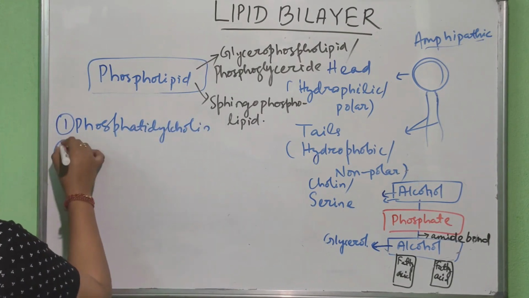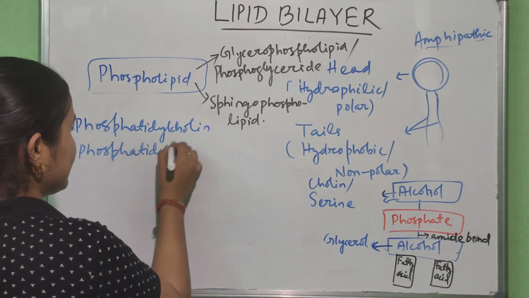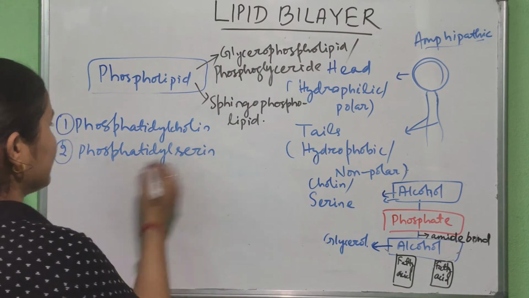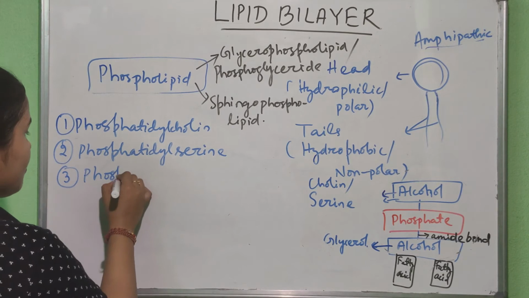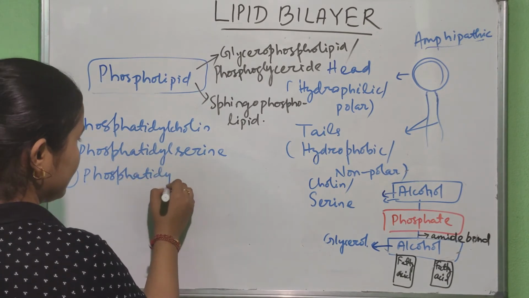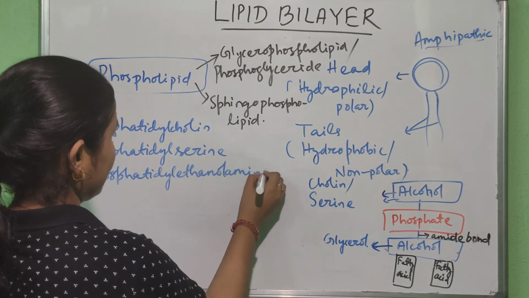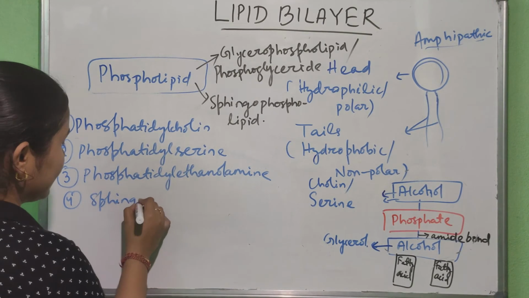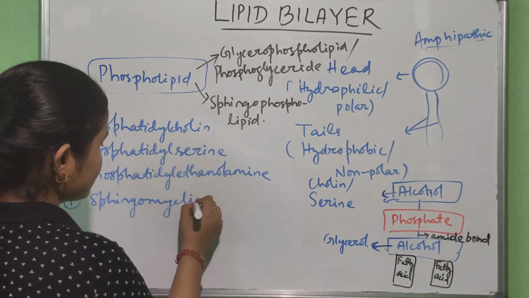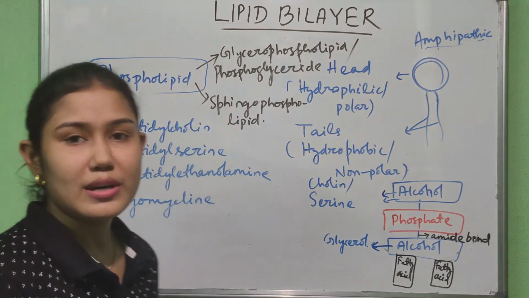The second one is phosphatidyl serine. The third one is phosphatidyl ethanolamine. And the fourth one is sphingomyelin. These 4 phospholipids are abundant in the case of animal cells.